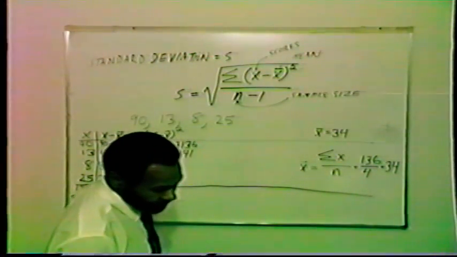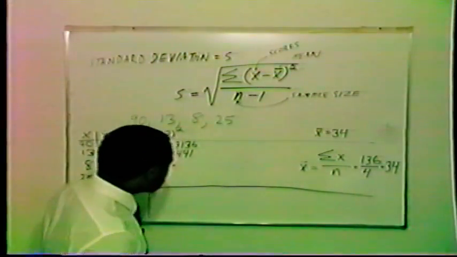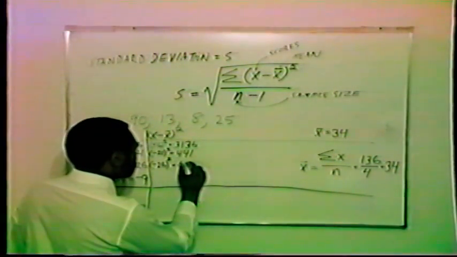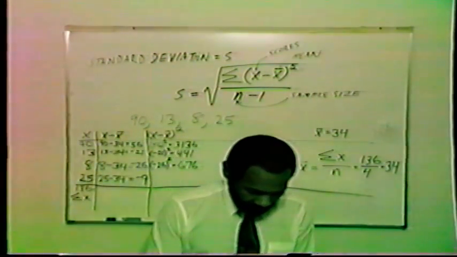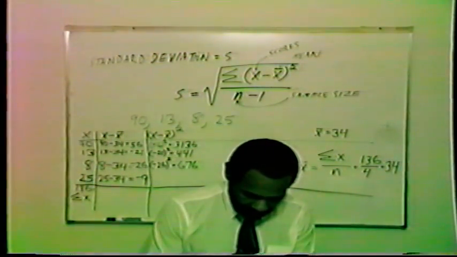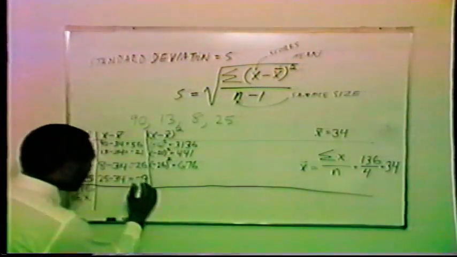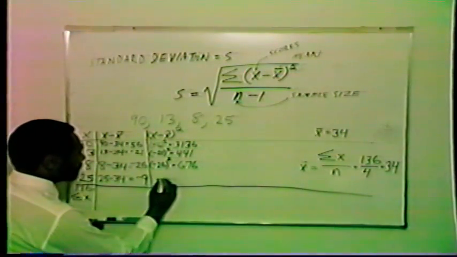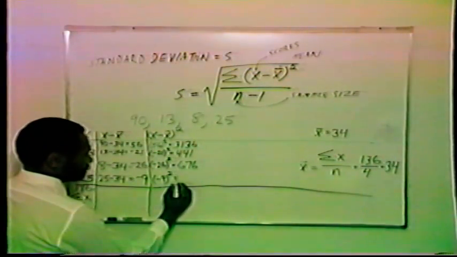And that gives us 676. Please check behind me on these numbers because we want to make sure that these numbers are correct. Okay, and last but not least, we would have negative 9 squared, which would give us what?